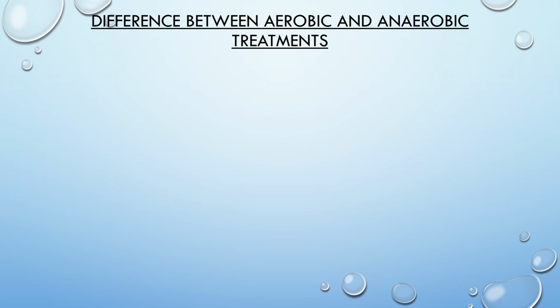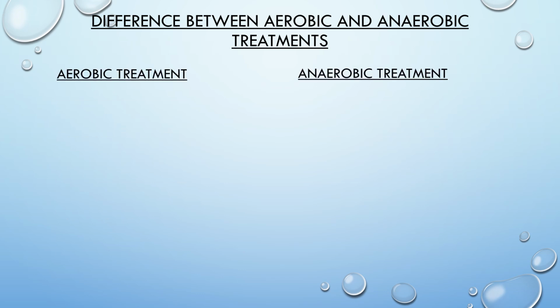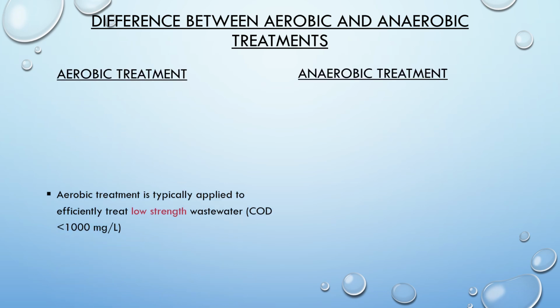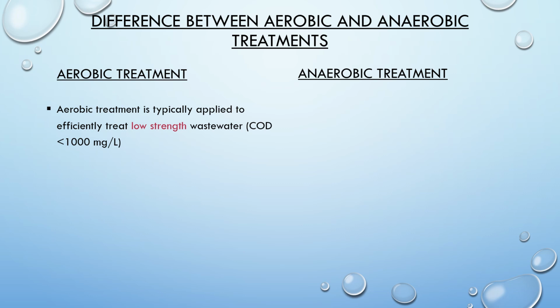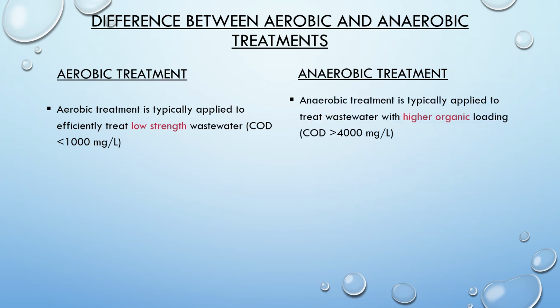Now, what is the difference between these two processes, anaerobic and aerobic? Actually, aerobic treatment is typically applied to efficiently treat low strength wastewater, meaning whose COD value is lower than 1000 mg per liter, whereas anaerobic treatment is typically applied to higher organic loading wastewater or effluent water, whose COD value is higher than 4000 mg per liter.